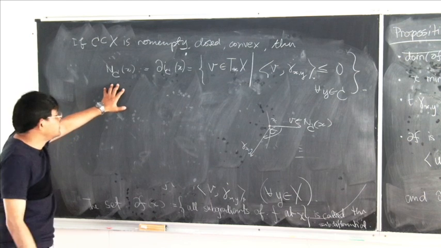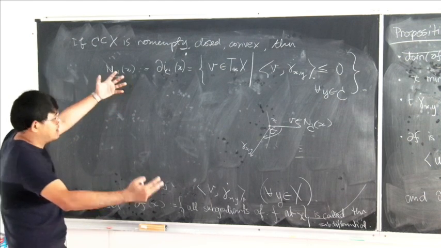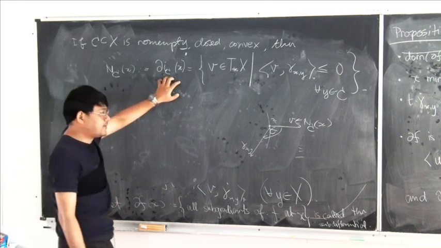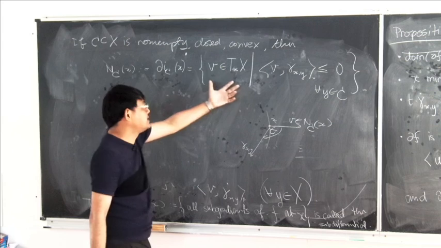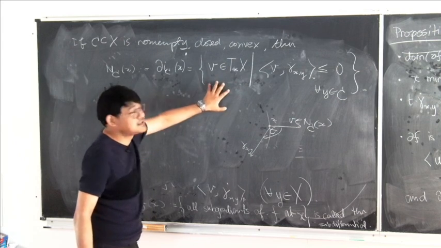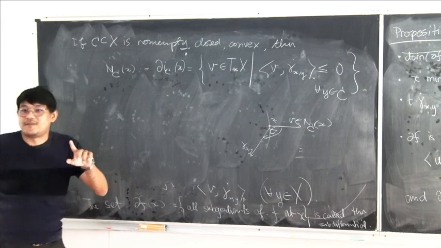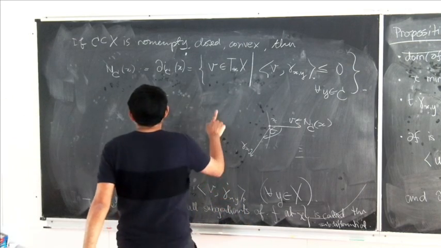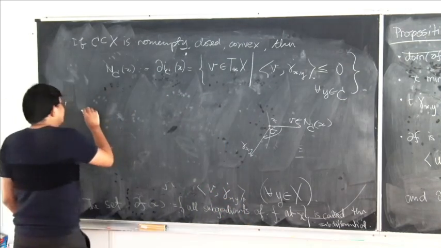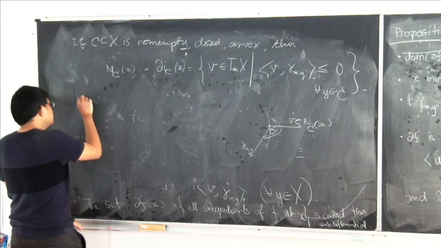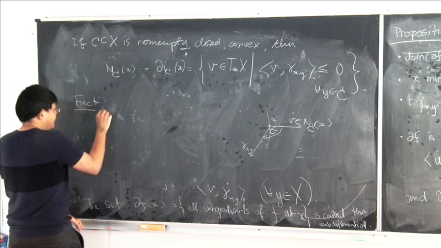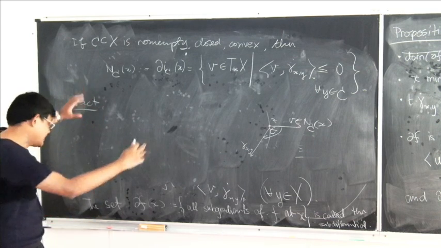So we need to guarantee not only that the domain of this subdifferential is non-empty, but also a non-zero vector inside this normal cone. And that can be a very, very tricky problem. Okay, so I have this problem for you. Let me call it a fact. It's not published, by the way, but I can share it with you.